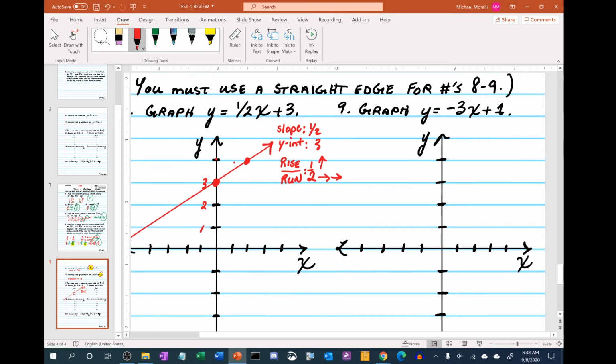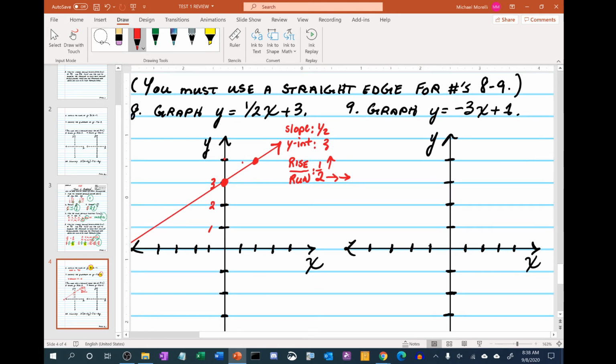Number 9. Graph y equals negative 3x plus 1. Again, start with that analysis: your slope and your y-intercept. Slope is negative 3, which means it's going to be negative 3 over 1, and your y-intercept is 1.